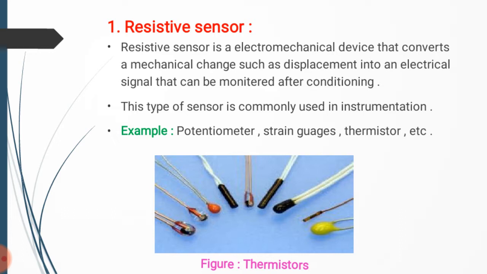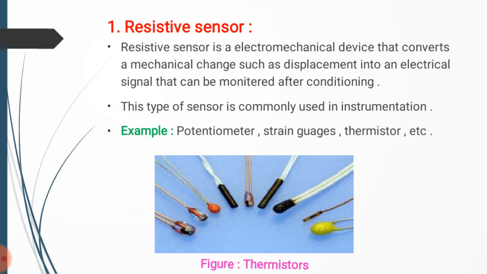A mechanical change means we can vary it with the help of external parameters, such as force, and this displacement is converted into the electrical signal. This is known as the resistive sensor.